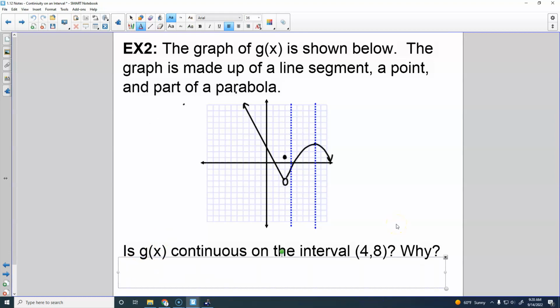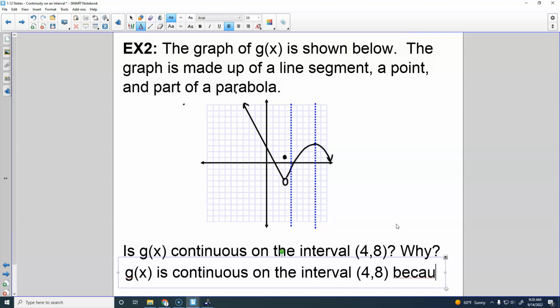So we would say g of x is continuous on the interval 4 to 8 because g of x is a parabola on that part of the graph.